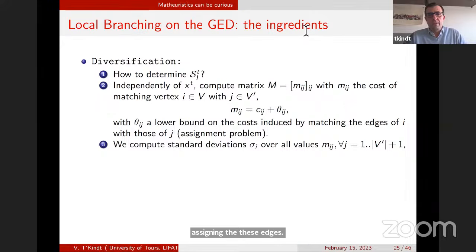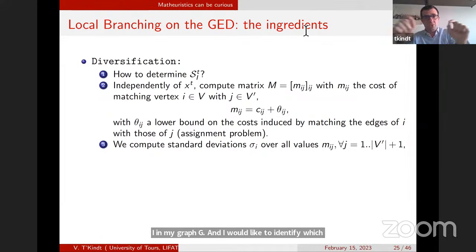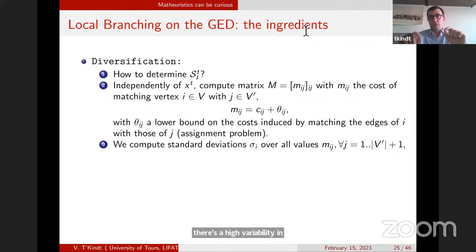And among all these values, for a given vertex I from graph G, we compute the standard deviation sigma_I over all the values M_IG for fixed I. The idea of the standard deviation is to say, I have my vertex I in my graph G, and I would like to identify which are the vertices which, if I change their assignment, then there's a high variability in the objective function, in the matching cost.